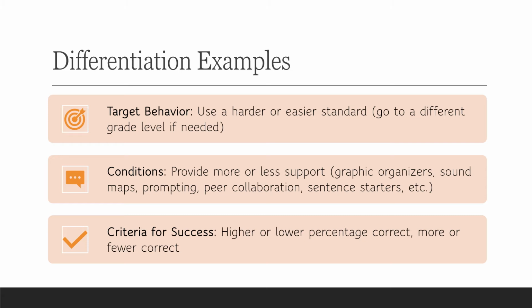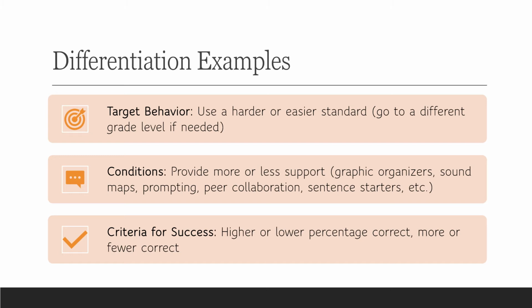You can also change the conditions under which they show that behavior. So you could provide more or less support, such as giving them a graphic organizer, a sound map, prompting them, having peer collaboration, using sentence starters. This is where you see most of the differentiation that happens.